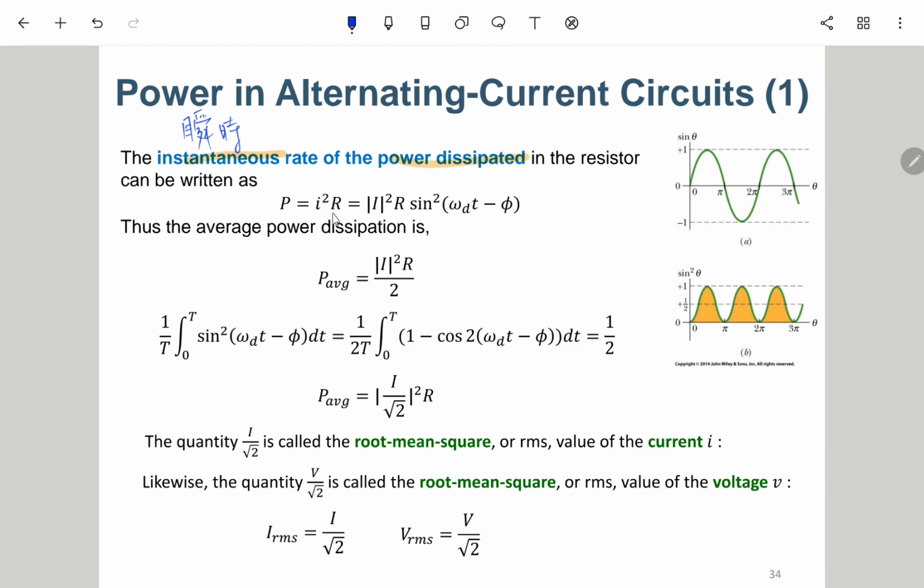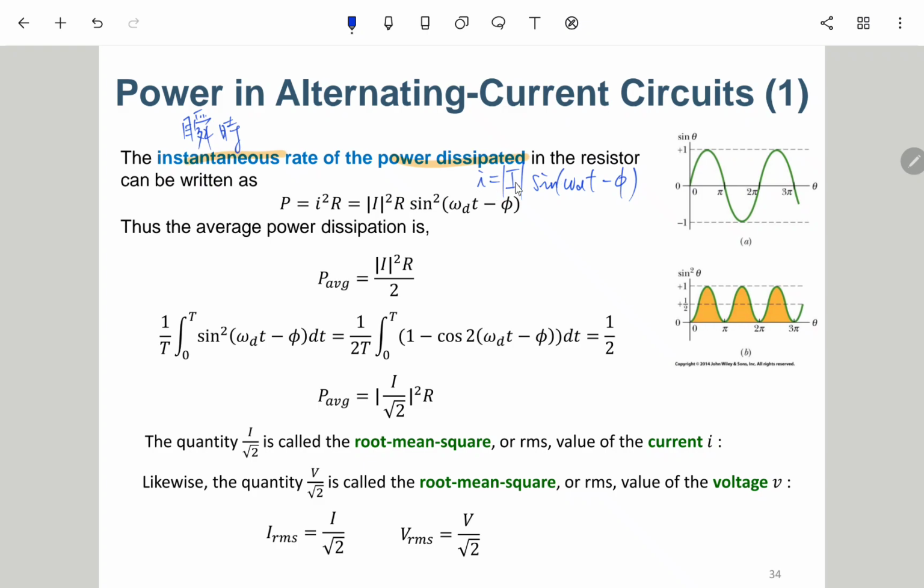So actually, P equals I squared R for the resistor is like the square of the absolute value of phasor I times R times sine squared. Because we have I equals the absolute value of I times sine of omega t minus phi, something like this.